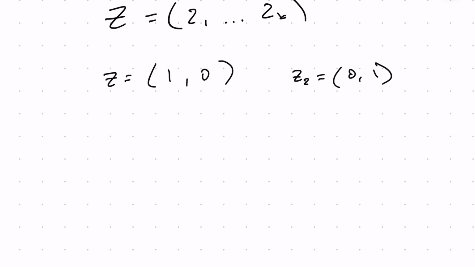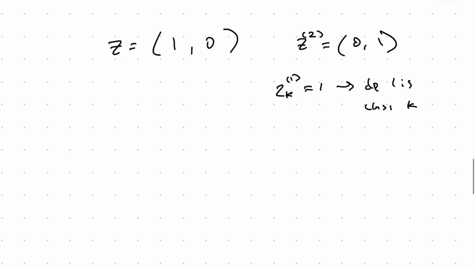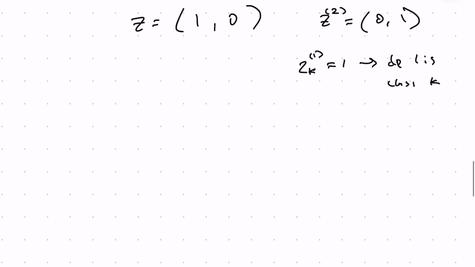So if z_k equals 1, then that means data point 1 is in class, or is class k. Okay, cool. So now let's move on. So now we're going to really get into it.